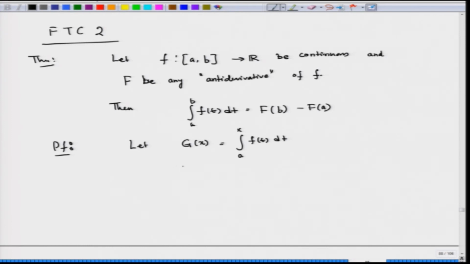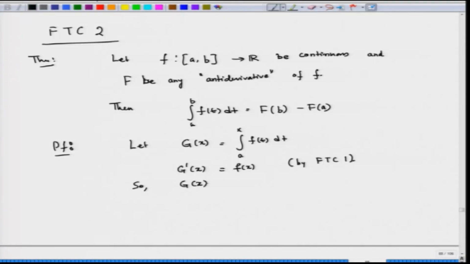Then definitely, g prime of x is equal to f of x by fundamental theorem of calculus 1. Now, g is also an antiderivative of small f, and capital F is given to be an antiderivative of f.